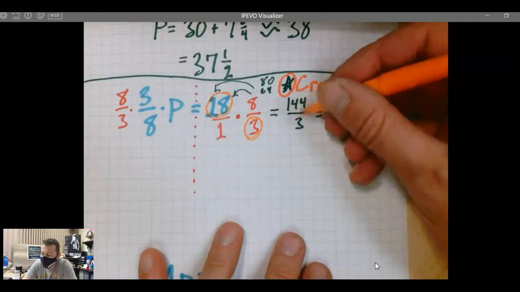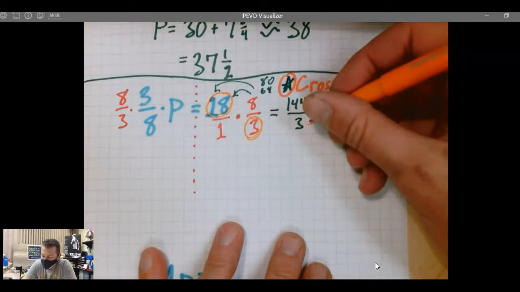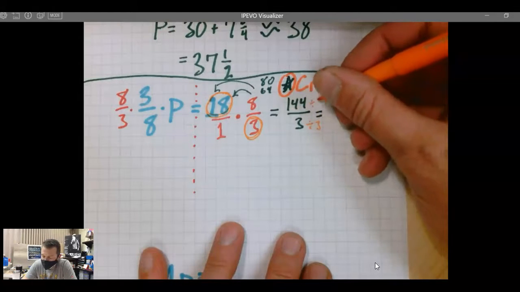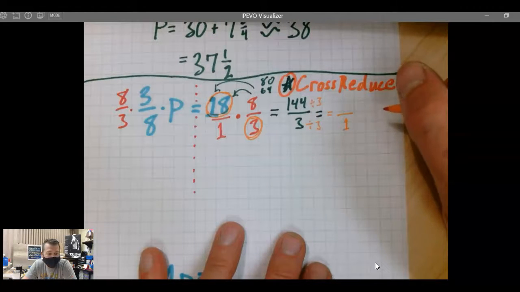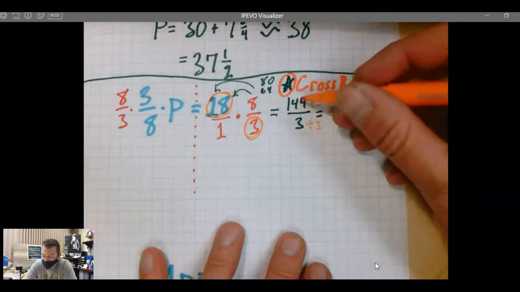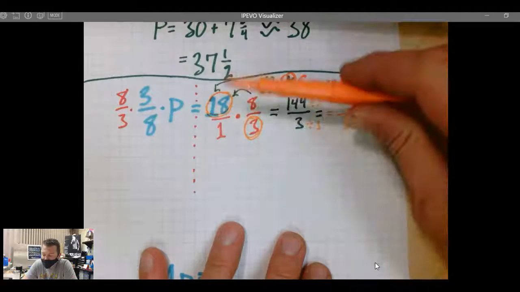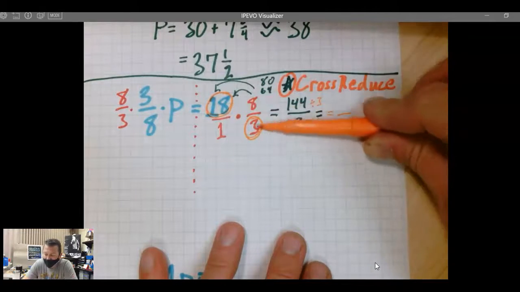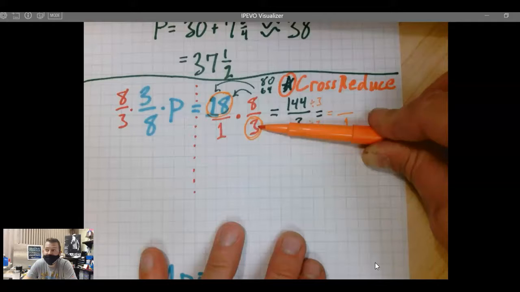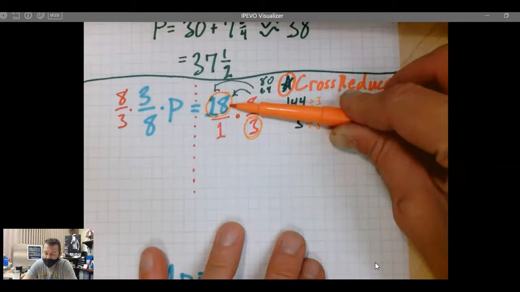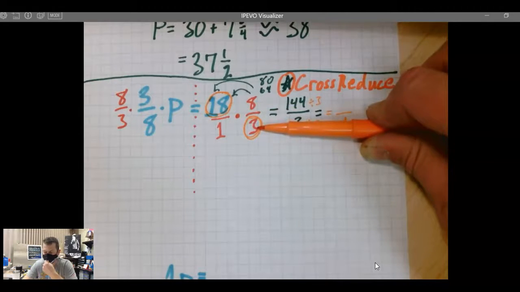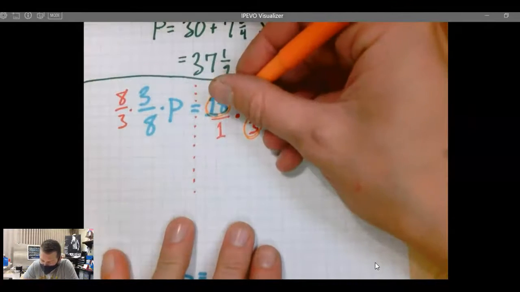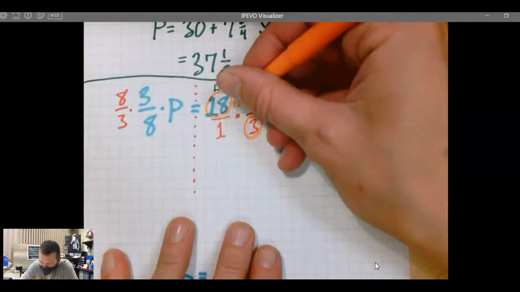So instead of waiting until we get out here and divide by 3 and divide by 3 to try to get the answer over a 1, we do it over here because we recognize a number on top and a number on bottom can both be divided by the same thing. So 18 and 3 can both divide by 3. So on top, we divide by 3. Please make sure you're writing this work.